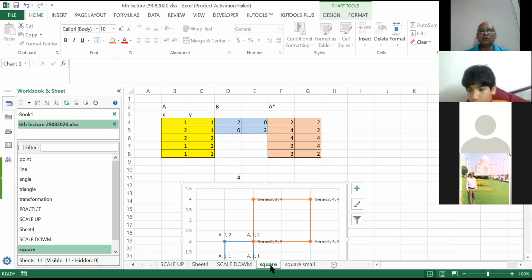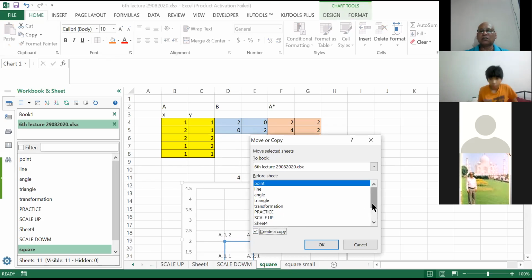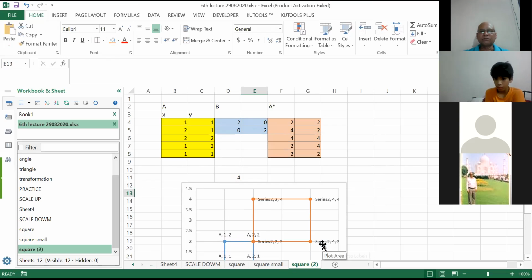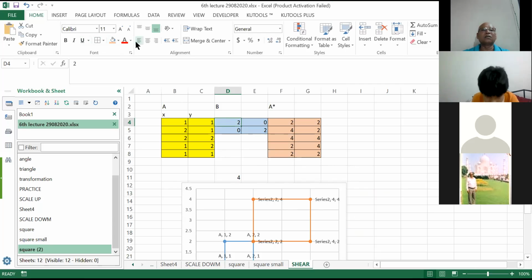Now we will be doing some shearing. What do we call shearing? Shearing means non-uniform scaling. Before going to discuss shearing, one thing you can observe: this diagonal element, I am coloring it.